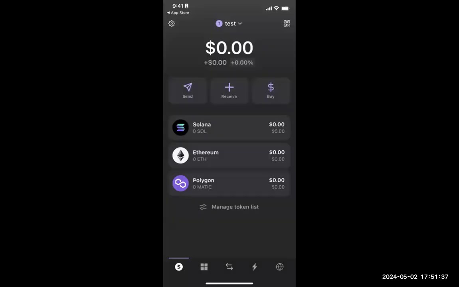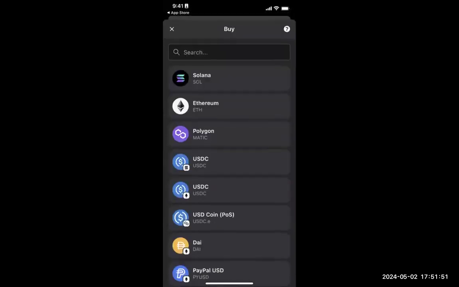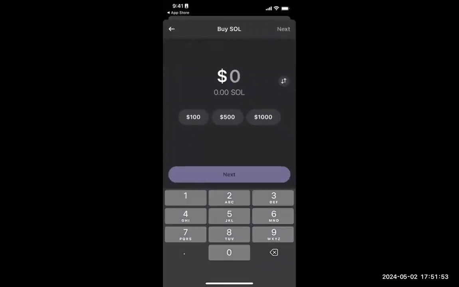All right. So then you want to add Solana in here because you can't do it with USD, okay? So you have to use Solana. That is the currency of choice to make a pledge. So you can actually press buy, and then you can buy Solana right here if you want to. You click 1,000 or 500, whatever number you feel comfortable with, or you can type the number you feel comfortable with, 2,000 or whatever.